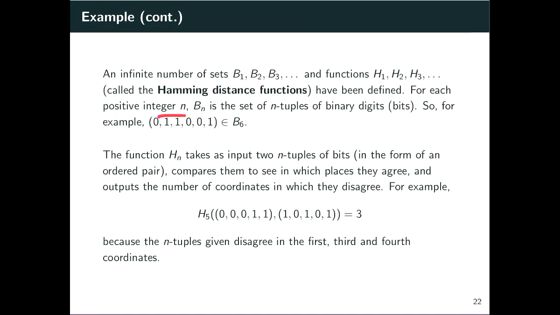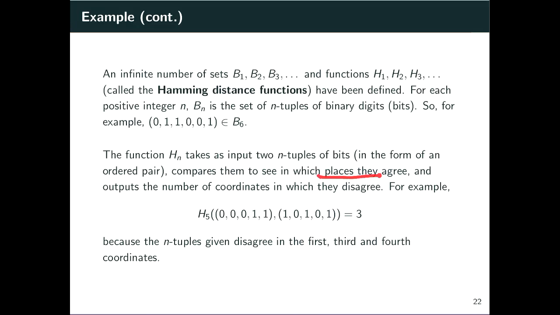And so for each integer n, Bn is the set of n-tuples of binary digits. So for example, in B6, we could have an element that looks like this. And we're comparing how often they agree. Oh wait, sorry, I got it mixed up this time.